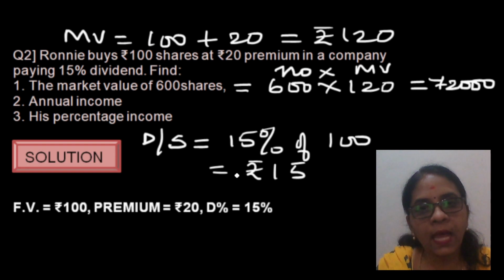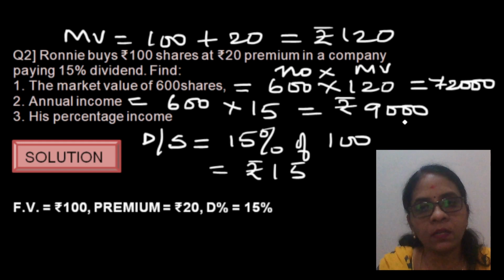So, what will be the annual income? Annual income is equal to number of shares, which is 600, into D per share, which is 15, that makes it rupees 9,000. So, the market value of 600 shares is 72,000, annual income is 9,000.